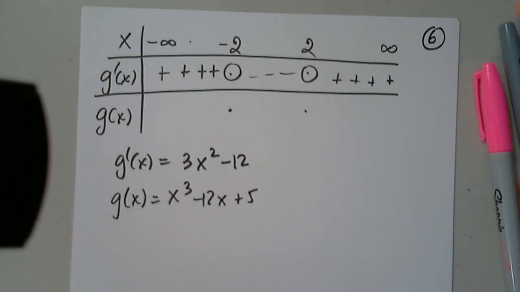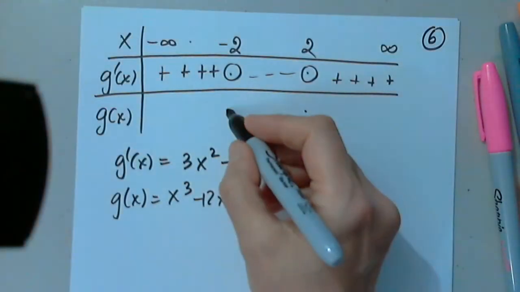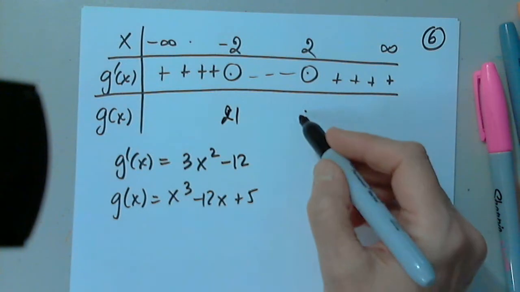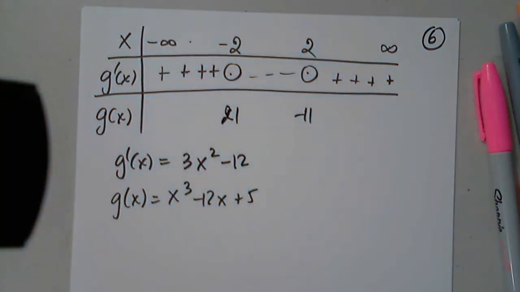I have x cubed, without parentheses just this time, and then plus 5. Then I'm plugging in negative 2 and 2. I need these numbers. The first one is 21 and the other one is negative 11. I put them in the table where they belong.